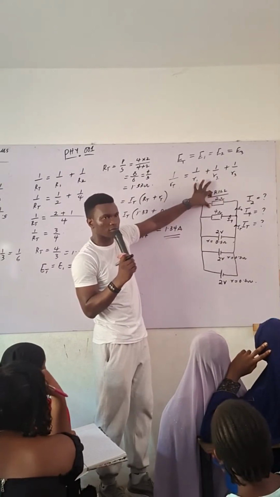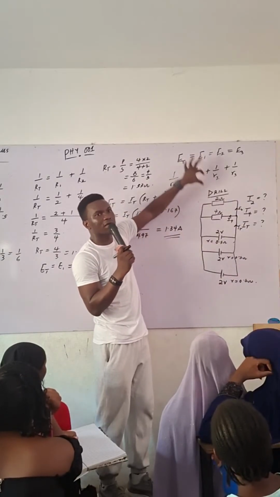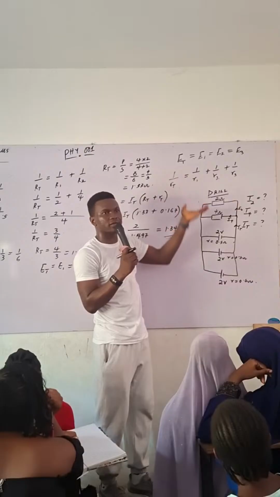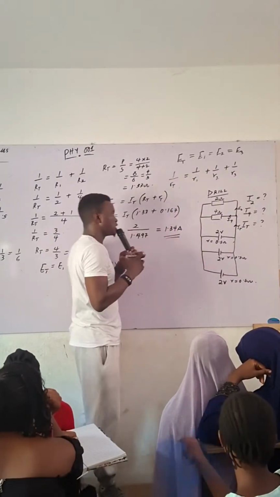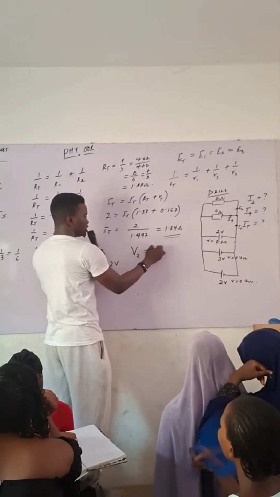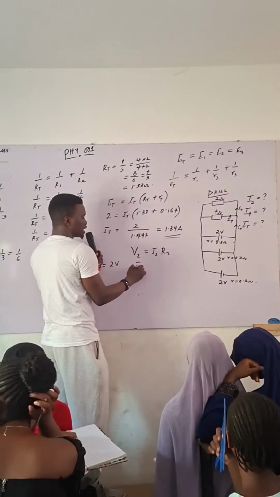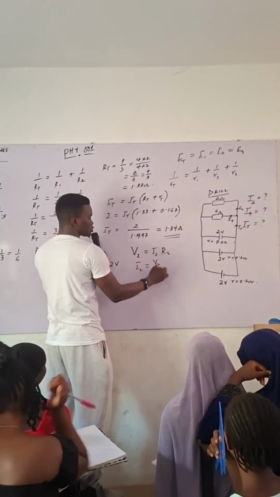2 volts. You know they are in parallel, so this will be 2 volts. And as long as this is 2 volts, you can get the I. Do you get that? So now I can say that V going through 2 is going to be I2 R2. So from there I can say I2 is equal to V going through 2 over R2.